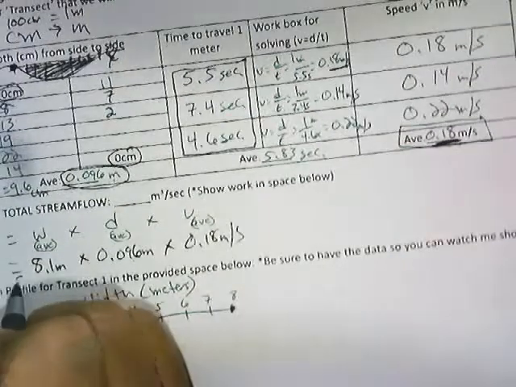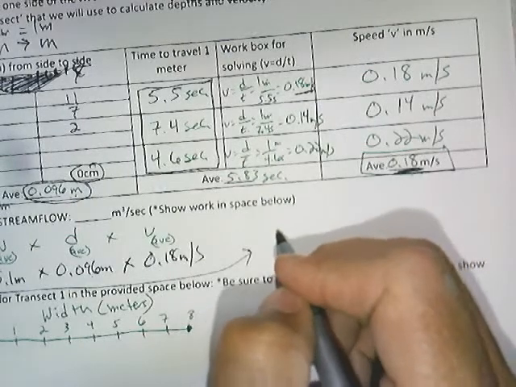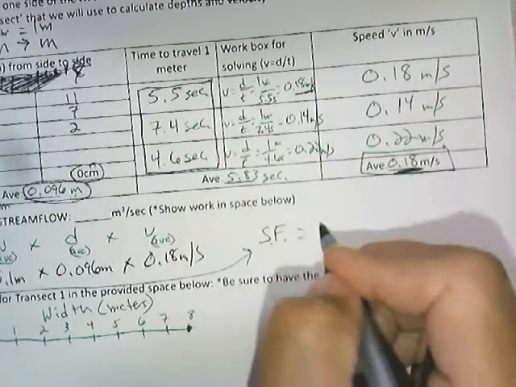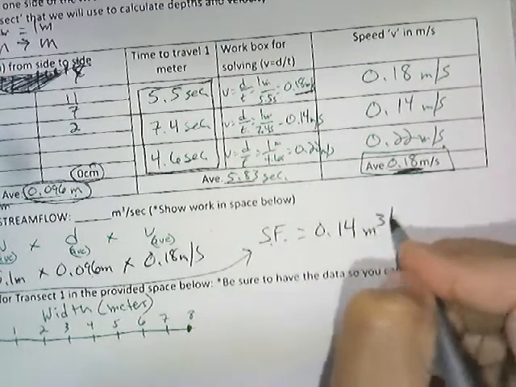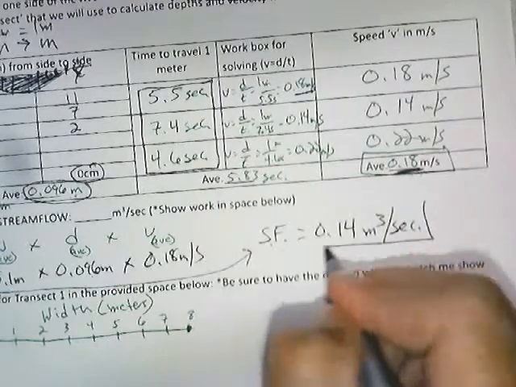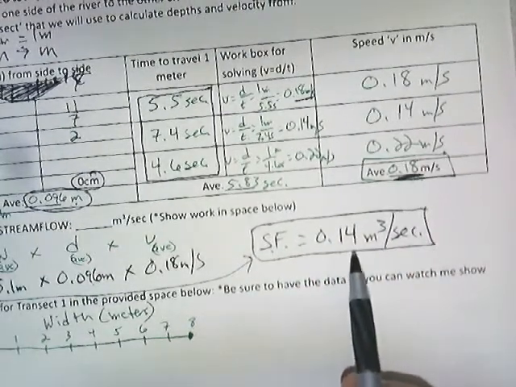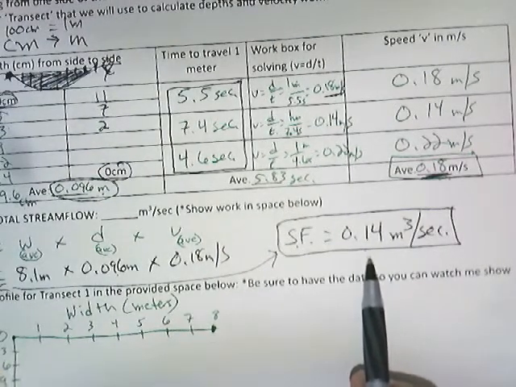My value, when I multiply these, go ahead and put it right here, I get my stream flow is 0.14 cubic meters per second, right? That's how much volumetric flow is traveling. It's not that much. The Middle Fork River is a tiny, tiny little river, a tiny tributary of other rivers.